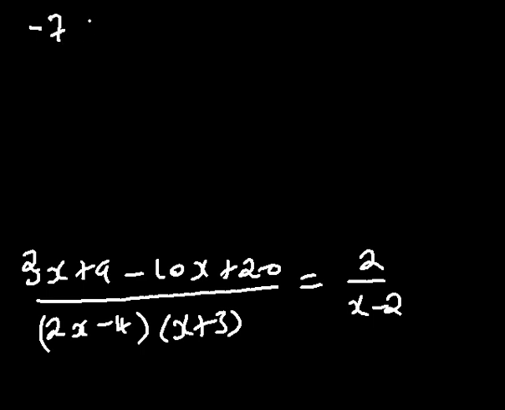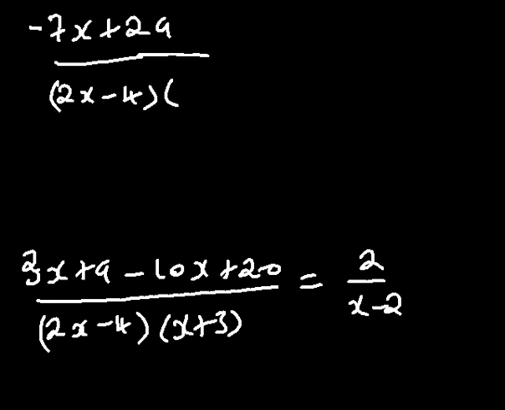So we have negative 7x and 9 should be a positive 9, positive 20, that is a positive 29, divided by 2x minus 4, and that is times x plus 3, which is equal to 2 over x minus 2.